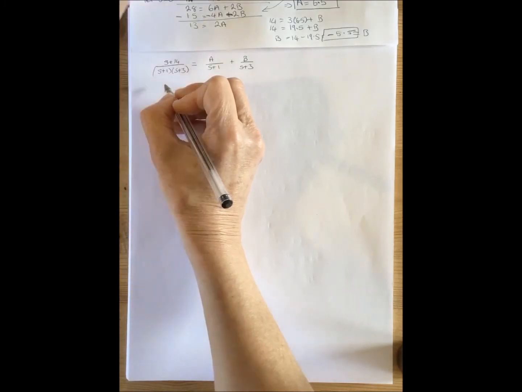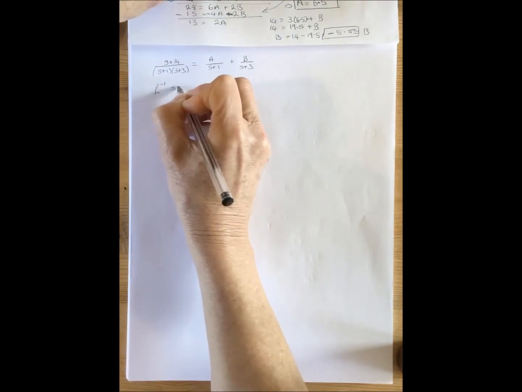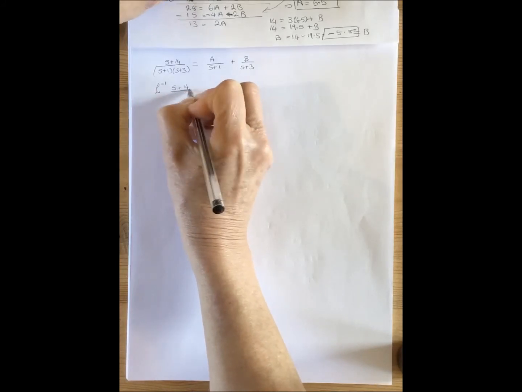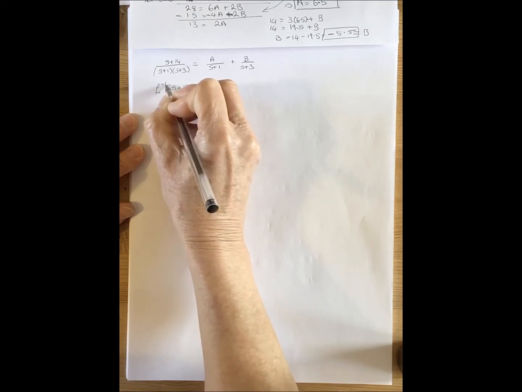So we go back to what we were originally trying to find, the inverse Laplace of s plus 14 over s squared plus 4s plus 3.